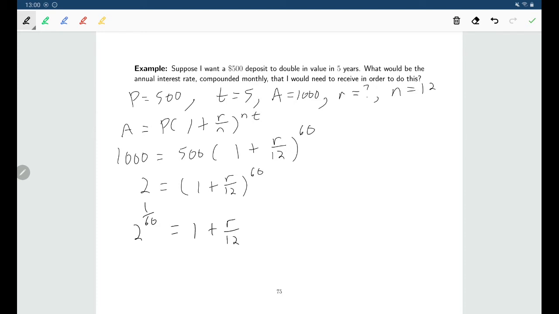And now you have an equation that'll be easy enough to solve for r. So I'll bring the 1 to the other side. And now I'll multiply both sides by 12.